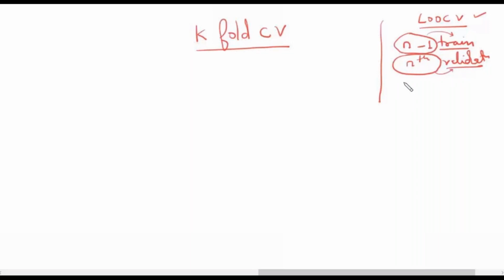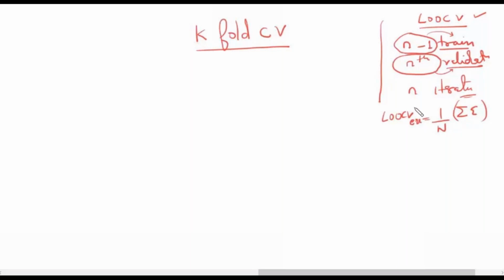So we take each individual row, and one at a time we take that as the validation data. So we run n different iterations, and finally we aggregate their output. This is the final error that we take as the leave one out cross validation error.